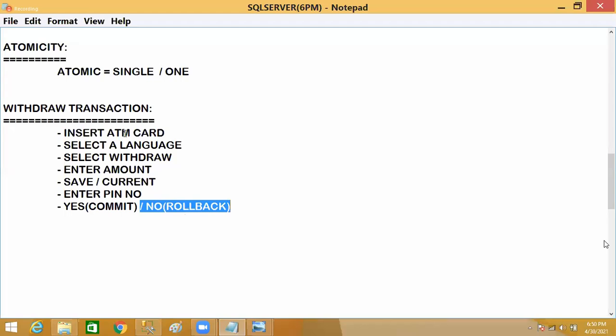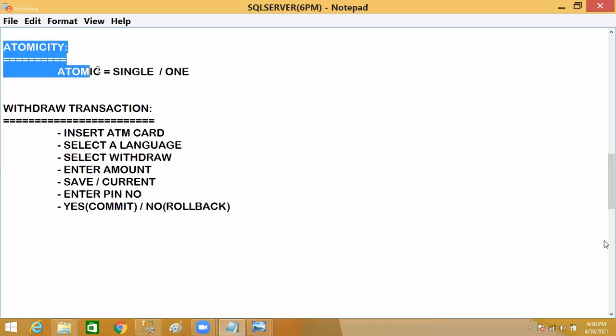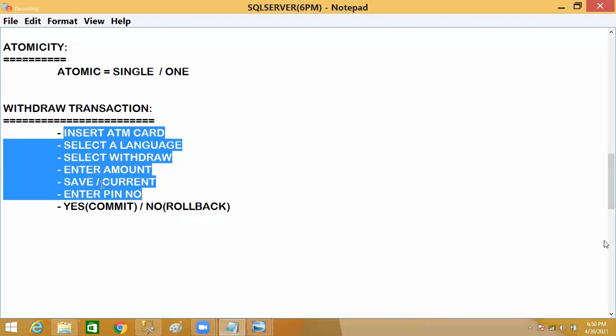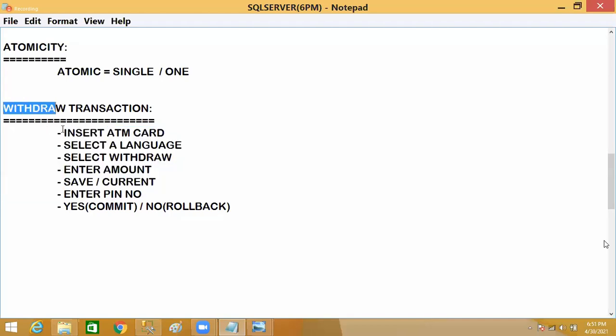That is called atomicity. Atomicity means single. Whatever you did, we are treating it as one transaction. Either this transaction is a success or it is cancelled, but it is treated as only one transaction.